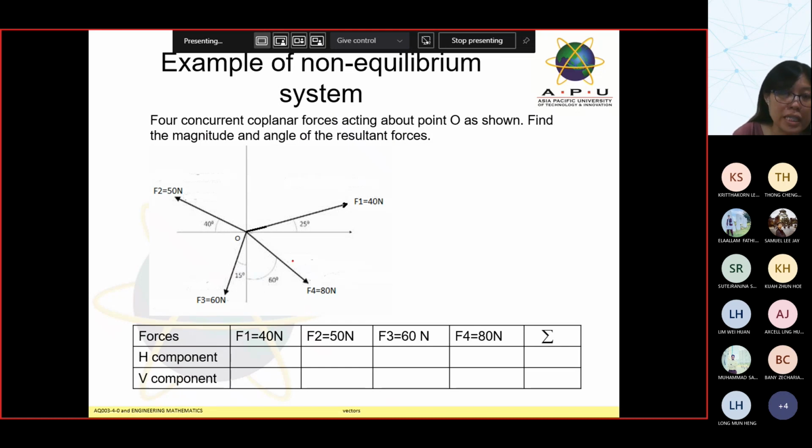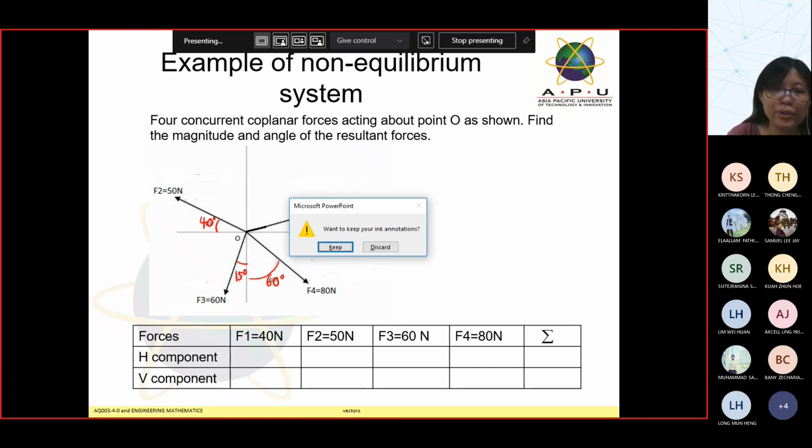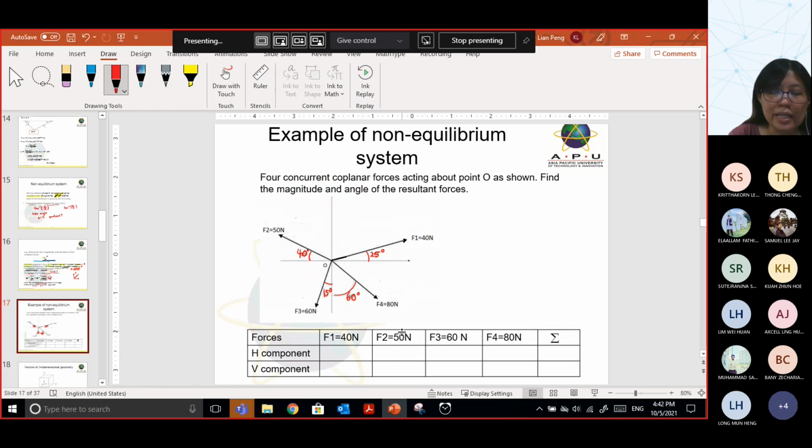Please take note, this one is 25 degrees to the horizontal, this one is 40 degrees, this one is 15 degrees, and this one is 60 degrees. There is a table given here to guide you for the calculation. Let me show you how we do this calculation in the Jamboard.